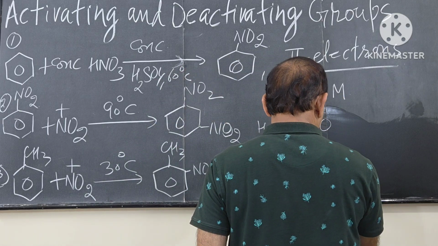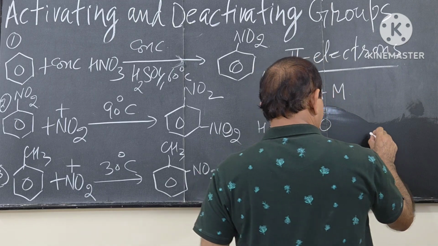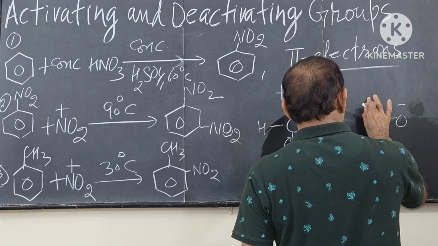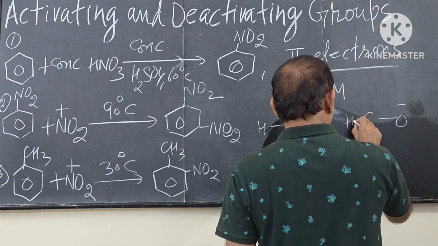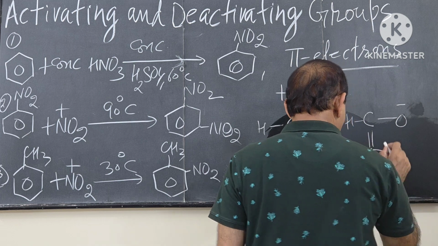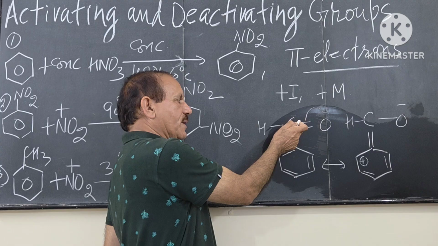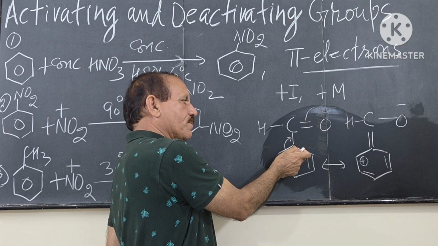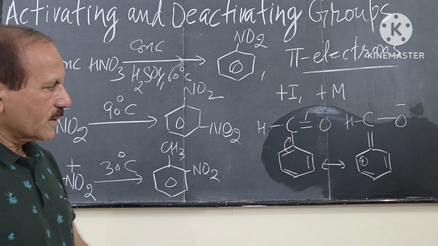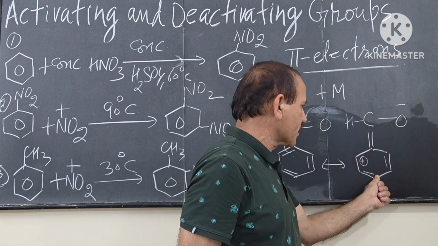The pi electrons form a double bond between the carbon of CHO and the carbon of benzene, and this pi electron moves to the O and it becomes negative. Now on the benzene ring there is a positive charge. This positive charge comes here, then here.